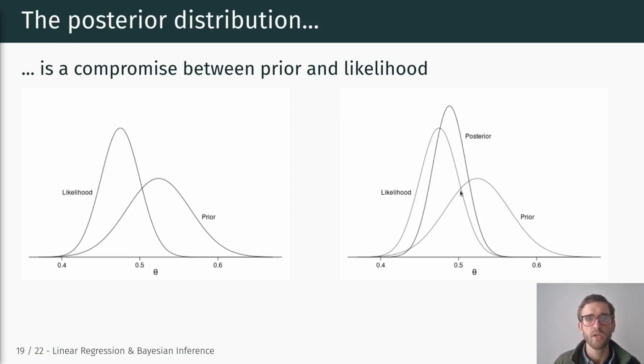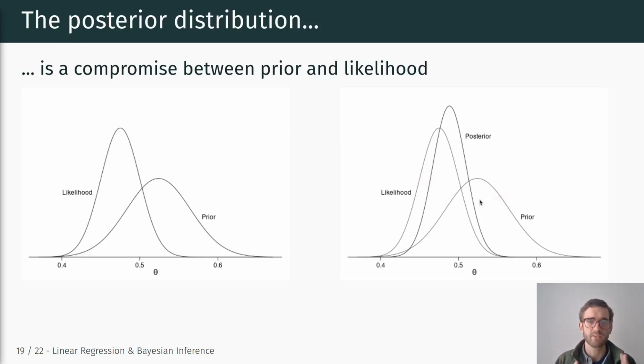Okay, so one way to think about this is the precision of the posterior, which in general is equal to the precision from the prior plus the precision from the data. Okay, and in this particular example, we see that the likelihood is more informative in the sense that it's more precise than our prior distribution. So that means that the posterior distribution will be closer to the likelihood than to the prior.